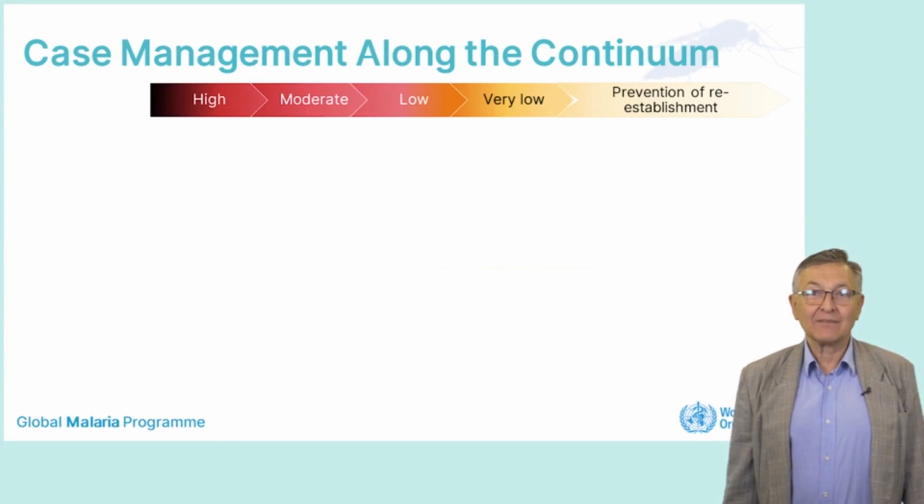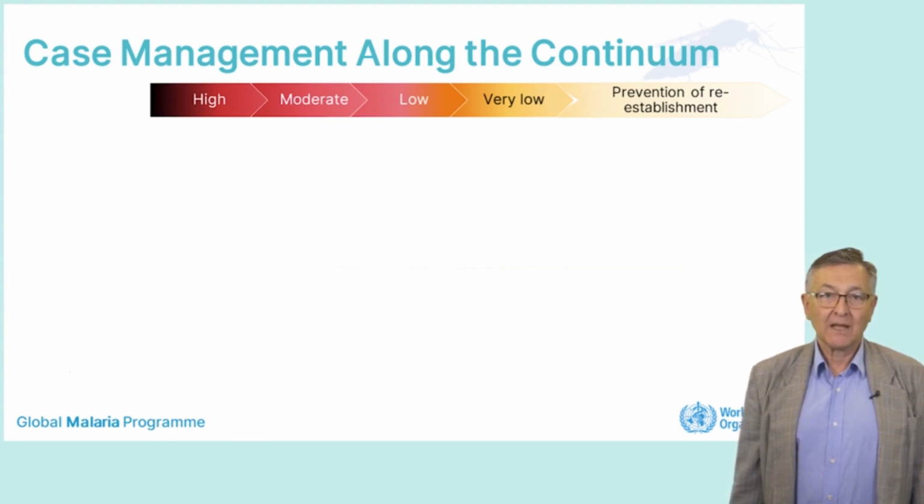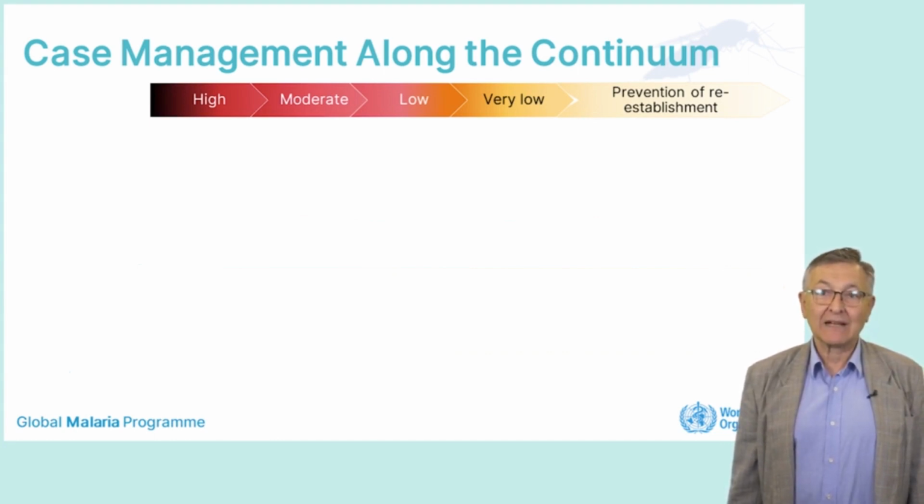This slide depicts the key aspects of case management that change along the transmission continuum. The start and end points of each element are indicative rather than prescriptive, as they are intended to illustrate the changes that should take place as transmission declines.